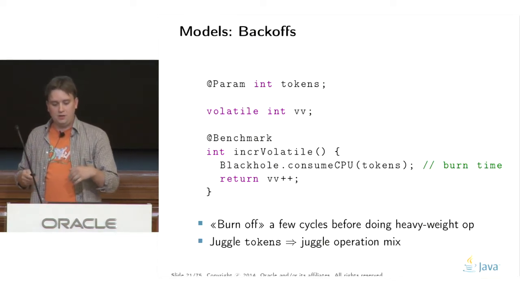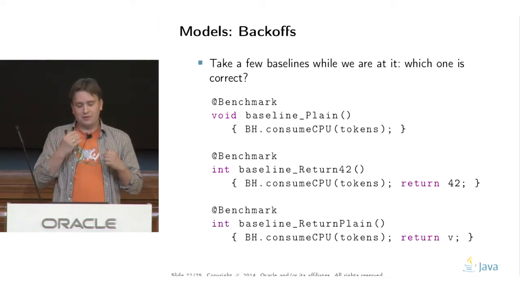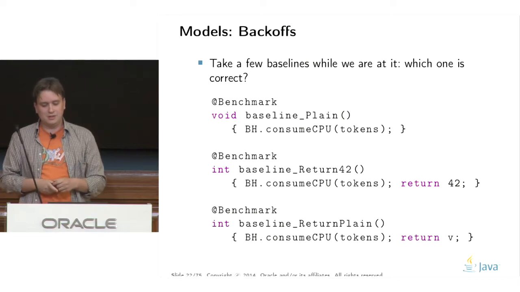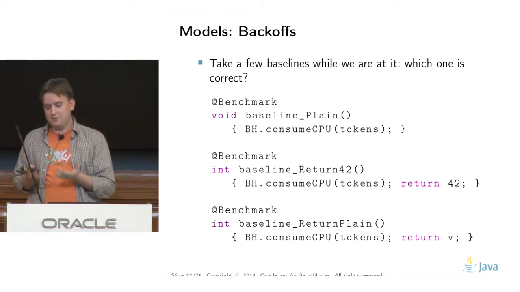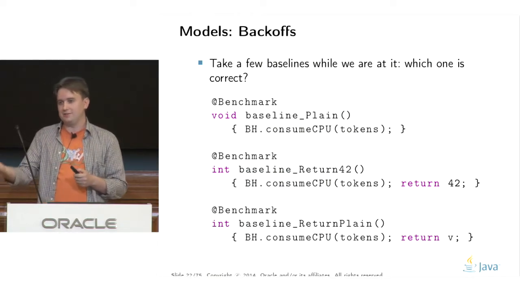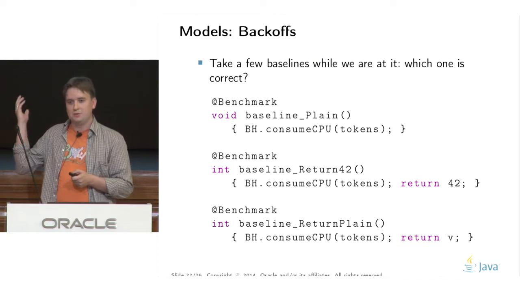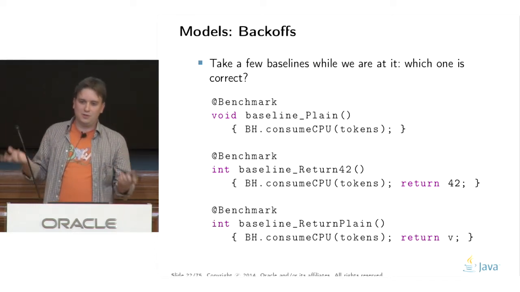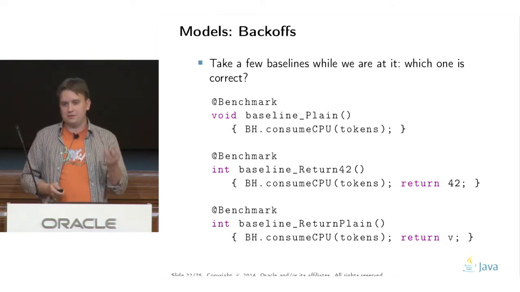So we measure it. Oh, by the way, while we are at it, we have the baselines, right? And now we have backoff there, and we have three possible variants of baseline to contrast the cost of volatile increment. Which one of these baselines is actually correct? Which one should we compare against? We don't really know, so let's just measure it, right? So we have 5 tests, 3 baselines and 2 tests.